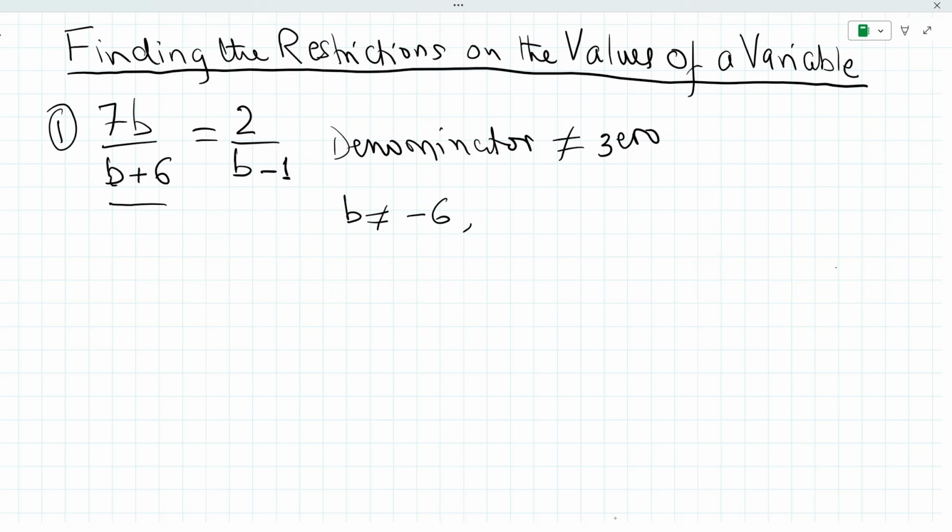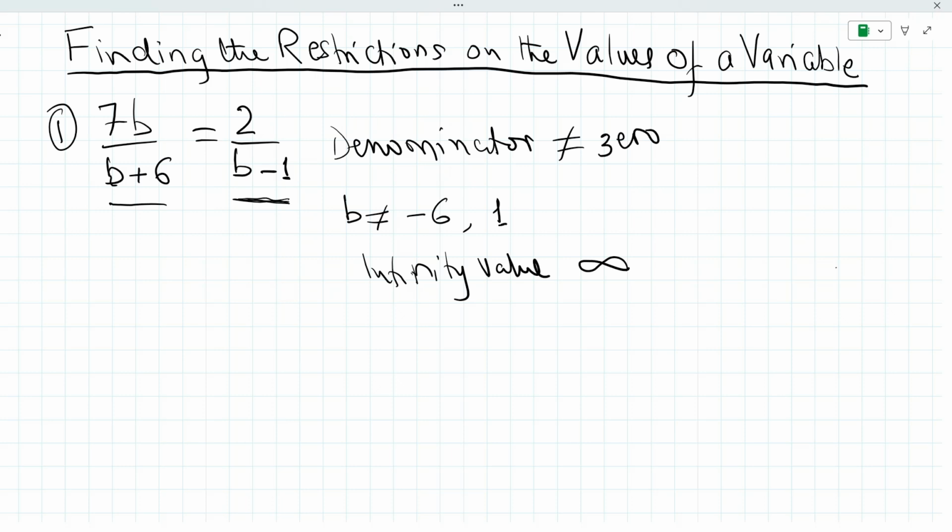And neither should b be equal to 1, because if b is equal to 1, then on the right hand side of our equation, b minus 1 would give us 0, and any number divided by 0 will always give us a big number that we can't define. So it will give us an infinity value, which symbolically is always represented by a lying 8.